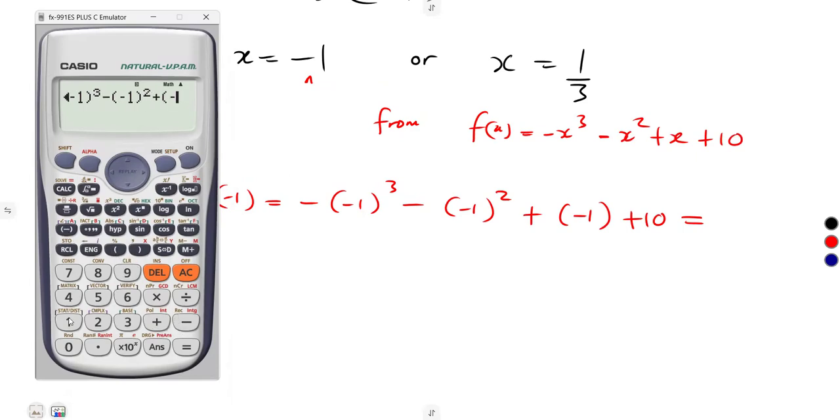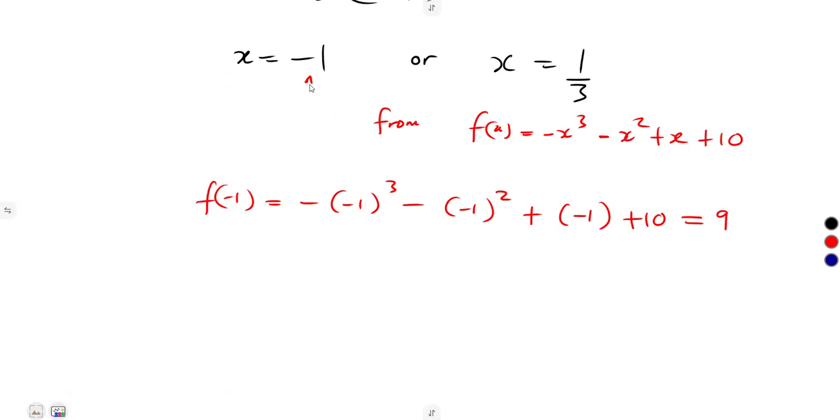Let us see what we're going to have here from our simplification. This was going to give us a positive 9. So when x is negative 1, y is equal to 9.